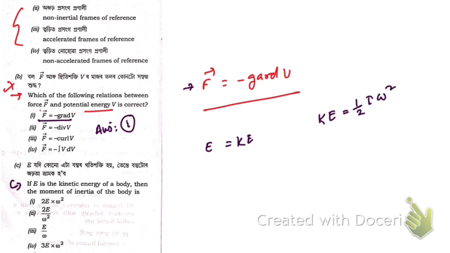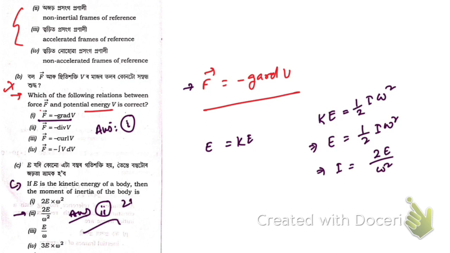Here the kinetic energy is given as E, so E equals half I omega square, and the moment of inertia I equals 2E by omega square. Option number 2 is the correct answer. Hope you have understood this.